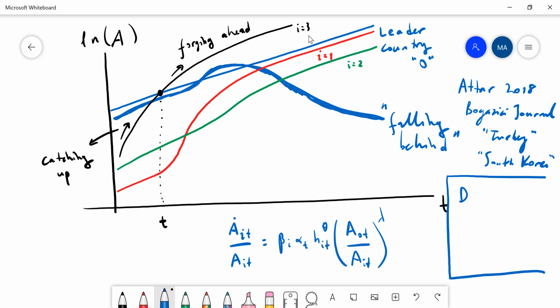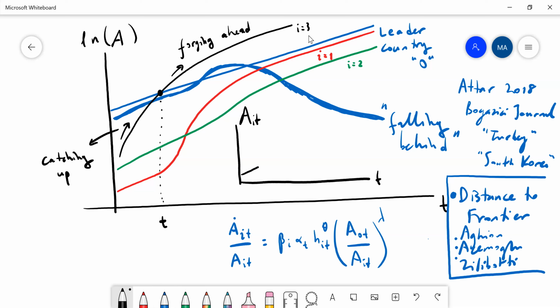And in that paper, the authors say that a country starts its evolution first as a follower. Okay, so this is the leader country, let's say. So the follower country first adopts technologies. So this is technology adoption. But after some point, it starts innovating.